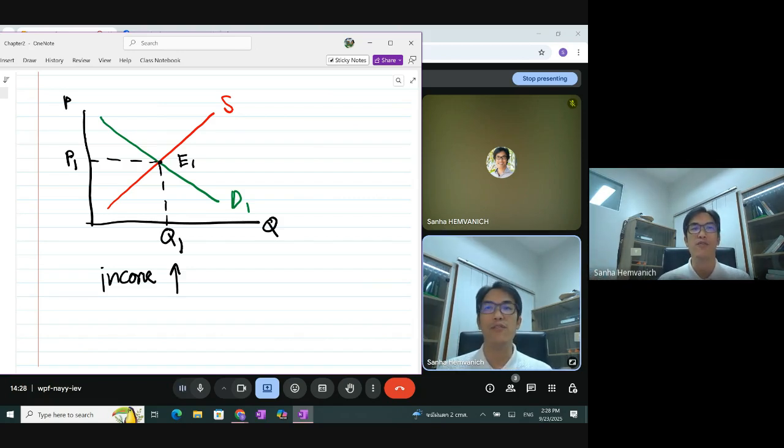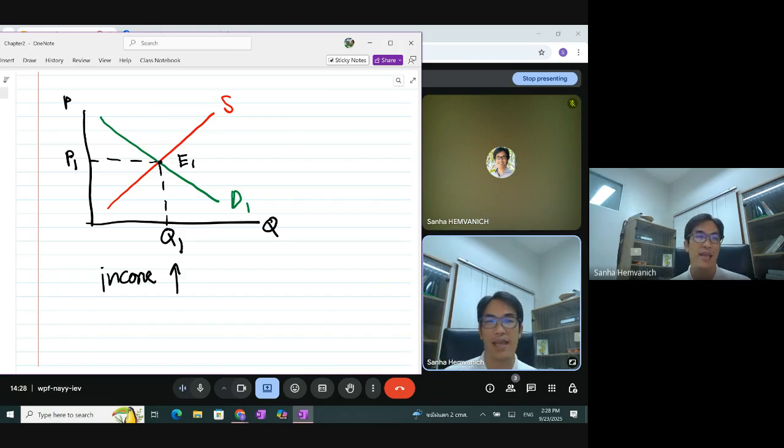If all the factories use oil, the material is going to be more expensive, and the production will be more expensive, so the supply curve shifts left. But here in this example, income increase.